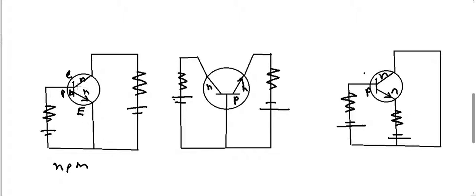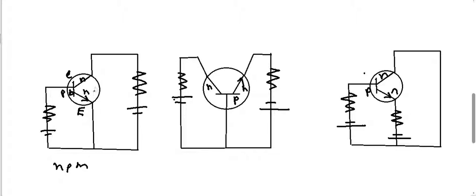And we know that in a normal transistor, the collector and base should be reverse biased. So you see here, this is an NPN junction, this is the N side, and the N side is ultimately connected to the positive terminal of the battery. So this satisfies our definition of a normal transistor.